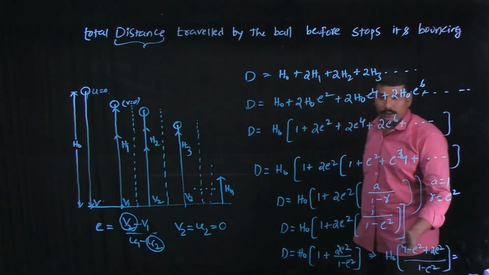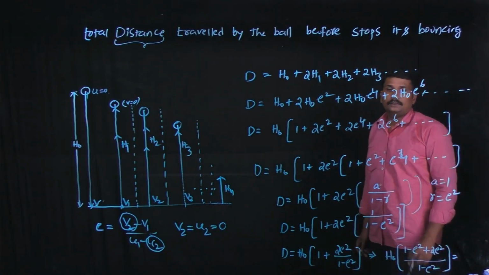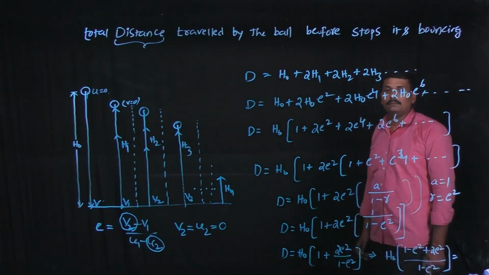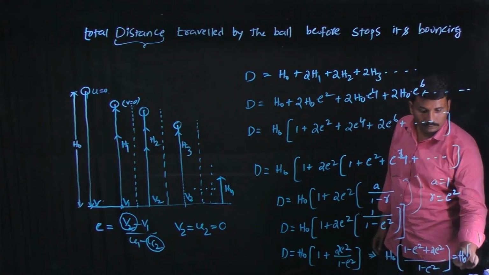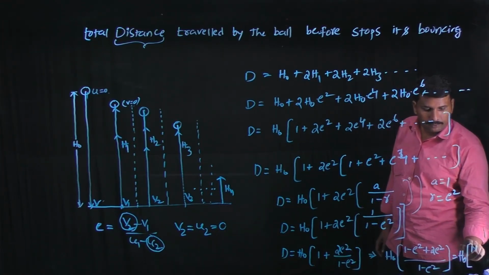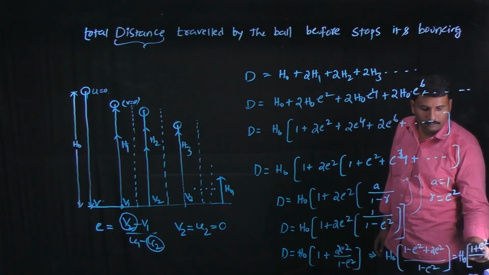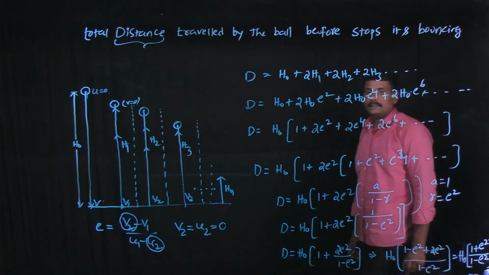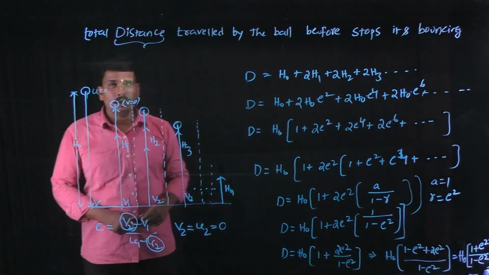From this equation we got the total distance travelled by the freely falling body before it stops its bouncing is h naught into 1 plus e square by 1 minus e square, that is, 1 minus e square plus 2e square over 1 minus e square. This is the expression for the total distance travelled by the freely falling body just before it stops its bouncing.